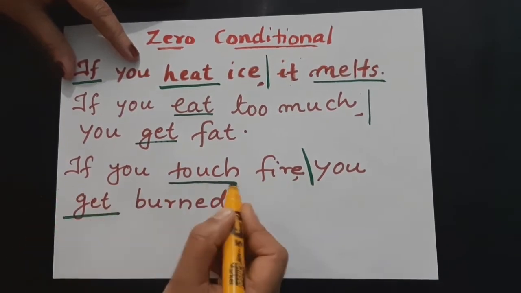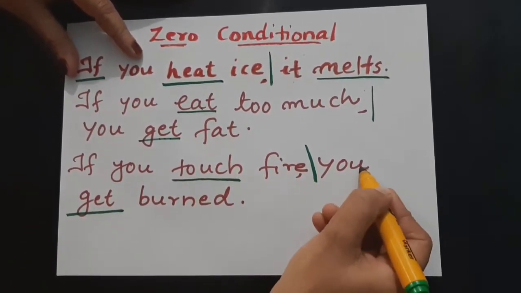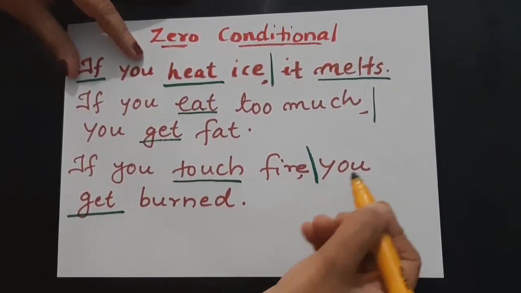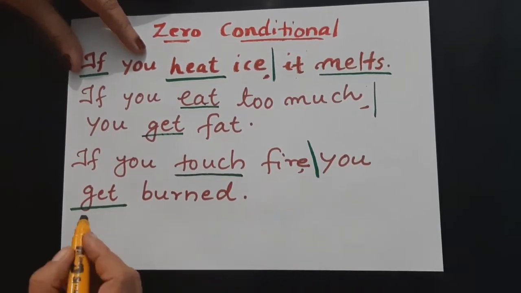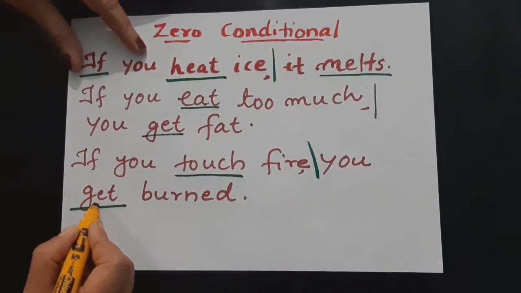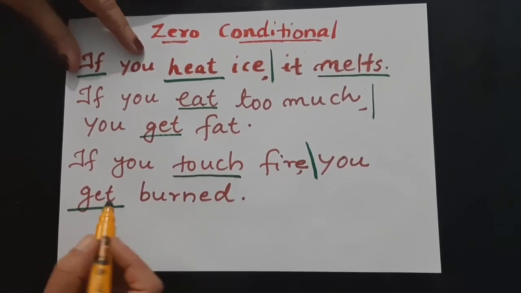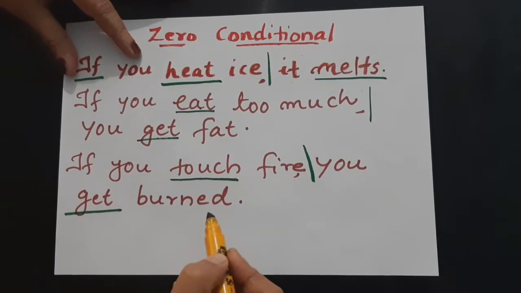In the if clause, you have the verb in its present form, and thus you get burned is the main clause or the result clause. In the result clause also, you have the verb in its simple present form. That's why if you touch fire, you get burned.